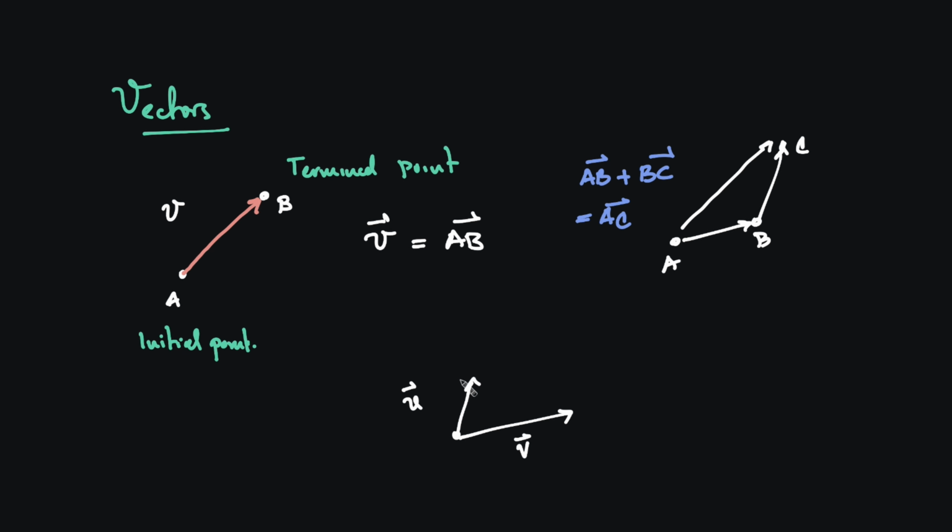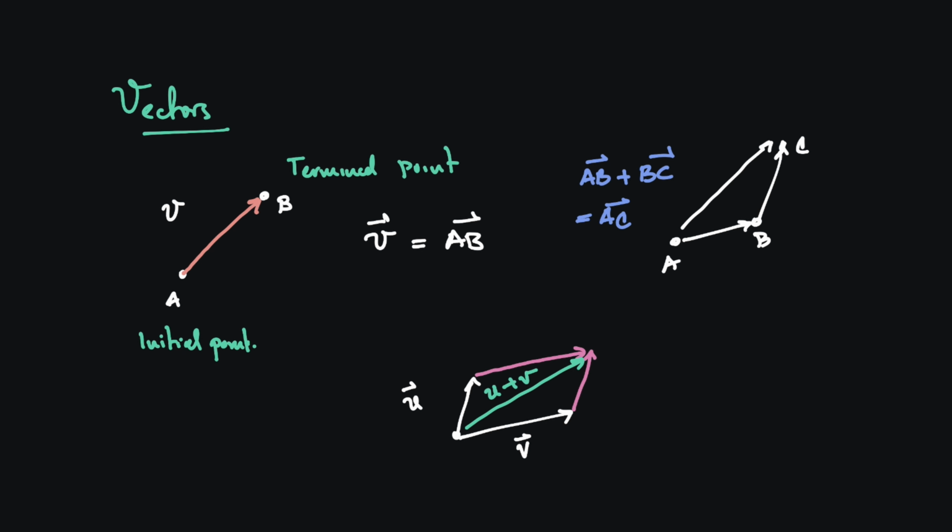The sum of these two vectors, the resultant vector, is going to be the diagonal of the parallelogram that we can form here. So this green vector is going to be u plus v. And that's how we define the sum of vectors.